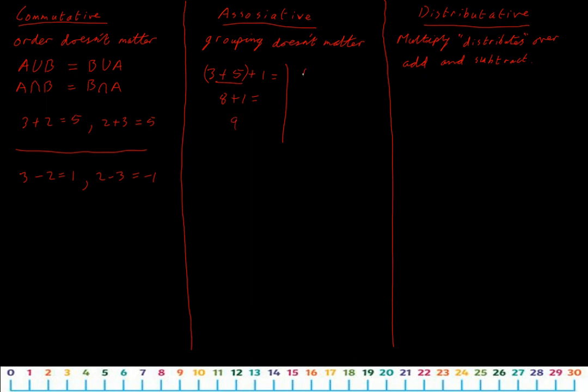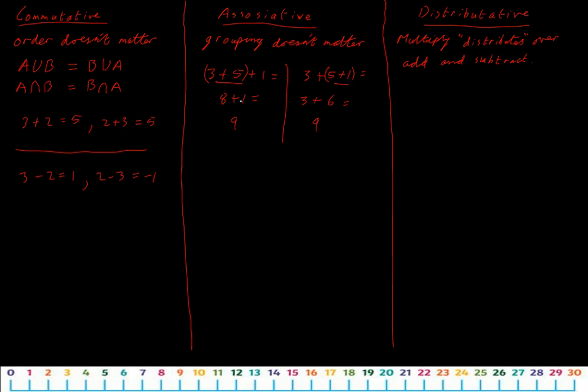Or we don't usually do this, but we could start on the right hand side. We could have 3 plus 5 plus 1, and we could group the stuff together on the right hand side instead of the left as we usually do, and add this together first, and we would end up with 3 plus 6, and we add 3 plus 6, and we also get 9.